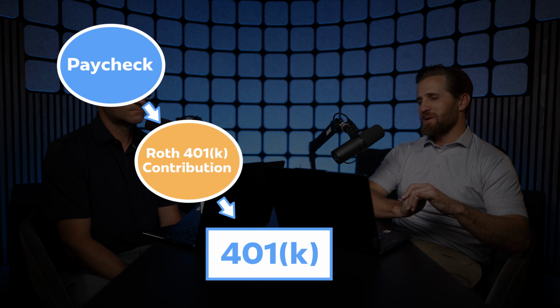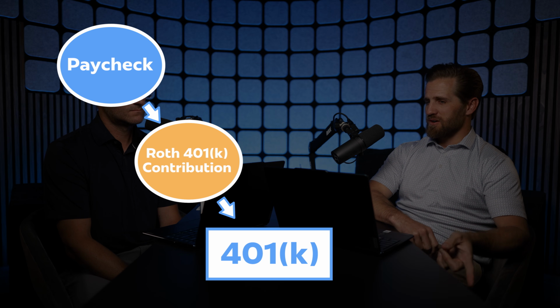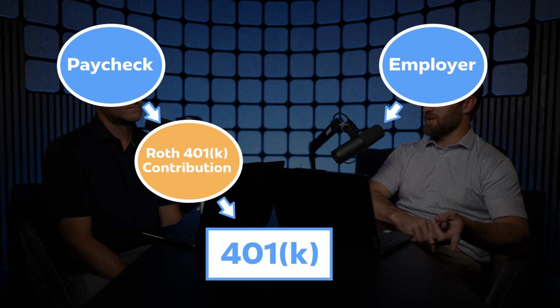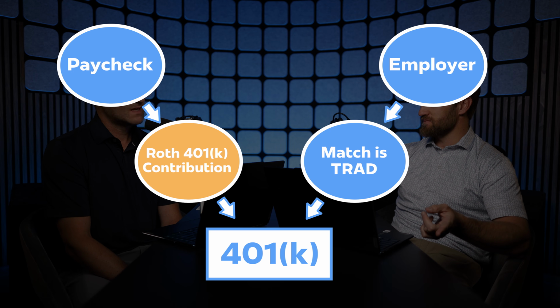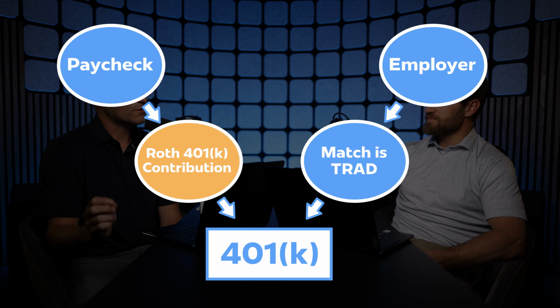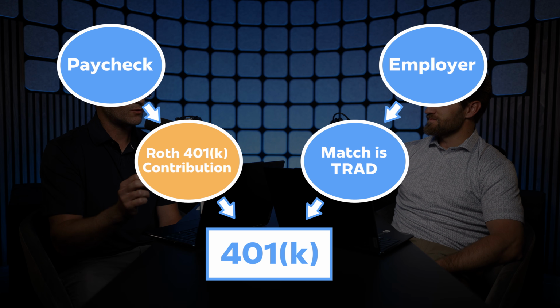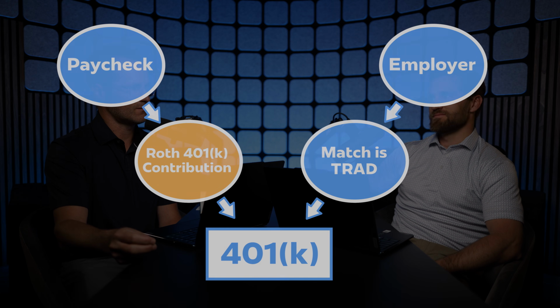And people forget that when they make a Roth contribution, most employers are matching with pre-tax dollars. They did change that recently so employers can do Roth matching, but employers are not incentivized to do it. So most likely it's still going to be traditional pre-tax matching.